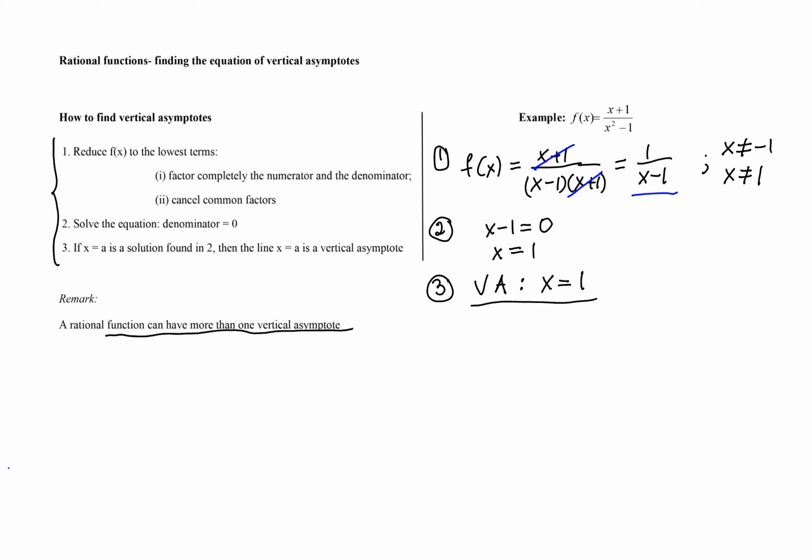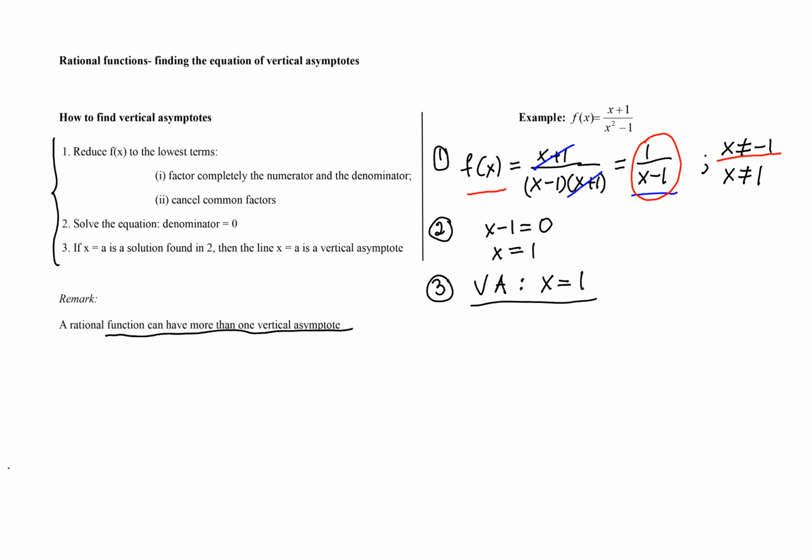Notice that we excluded from the domain of the function also x equal -1, but this line x equal -1 is not a vertical asymptote, simply because when x is close to -1, so x plus 1 is not 0, the value of the function f of x can be computed using that formula.